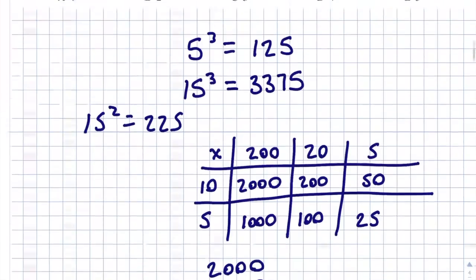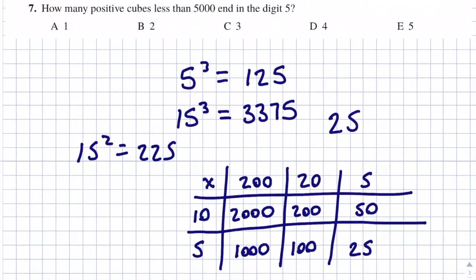Now the next number would be 25 cubed. Now I can tell you that 25 cubed is going to be bigger than 5,000. I don't need to work that out. It's quite obvious. If 5 cubed was 125 and 15 cubed was 3,375, I think it's pretty certain that we can say 25 cubed is going to be greater than 5,000. By all means, you can check. You can do the exact same check as what we did for 15 cubed.